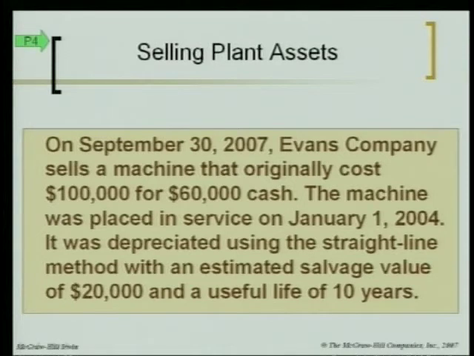Now, you might want to keep your PowerPoints in front of you as we work on this, but I'm going to do it by hand as opposed to going through the PowerPoints, okay? So, going to the Elmo, we purchased this on January 1 of 2004, right? Let's go back to January 1 of 2004.